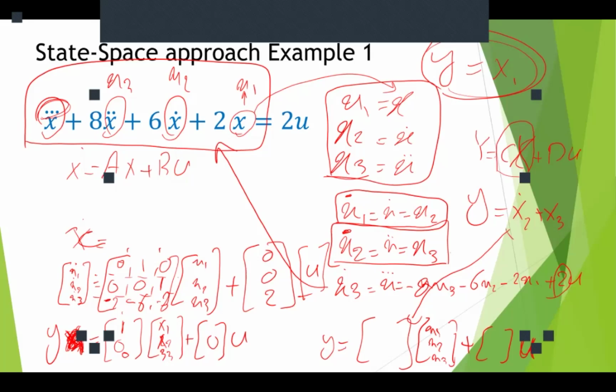Now, what is x2 dot? x2 dot is x3, right? So actually y becomes 2x3. Correct? Are we good? So it's going to be 0, 0, 2, and we don't have a u in it, so 0. Is that clear? Are we good?